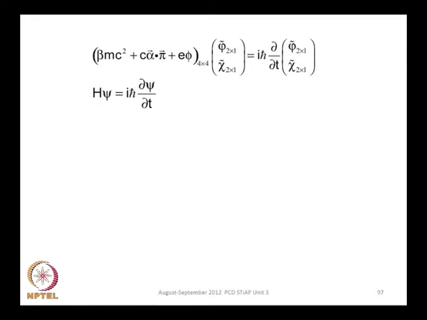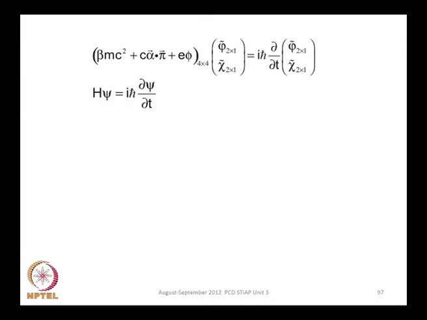So, what one hopes to do is to transform the Dirac equation, and this H psi equal to i h cross del psi by del t is the Dirac equation that I am now looking at. Okay, this is the Dirac equation.